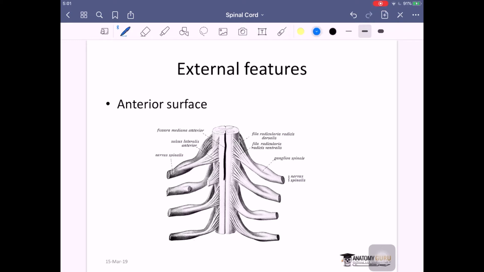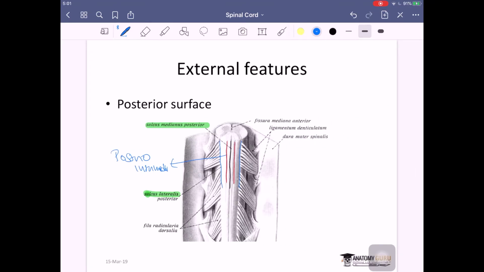So that's your anterior. So anterolateral 1 and anterolateral 2 on the same side. These roots which I am marking are your ventral roots. The same way at the back you have the posterolateral sulcus through which these dorsal roots come. So the dorsal root can also be seen in this view.